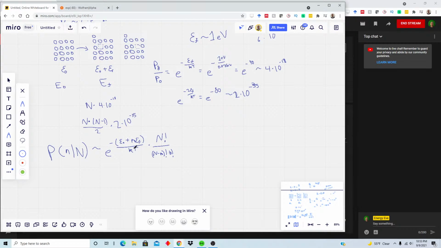So even though the energy is going to be increasing of the system, because there's more possibilities of this happening, that state would be a more likely state for there to be n amount of defects.